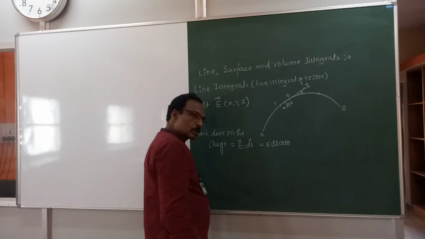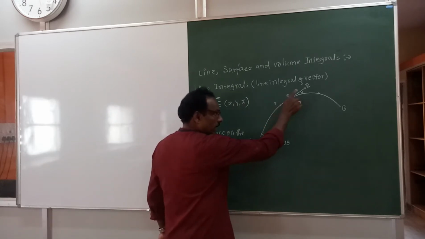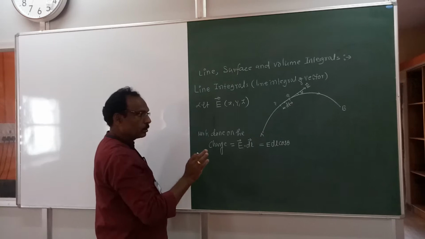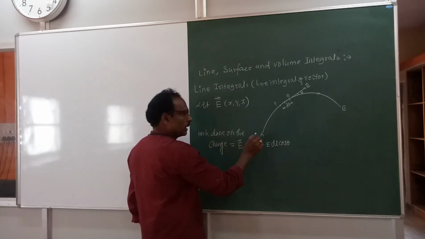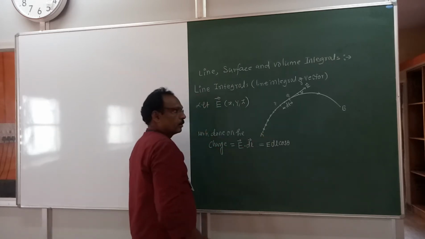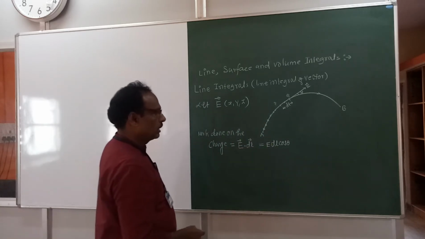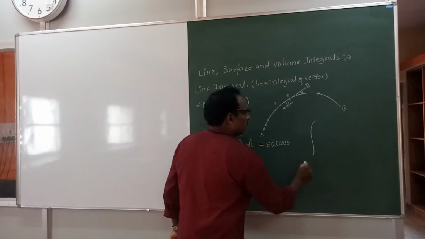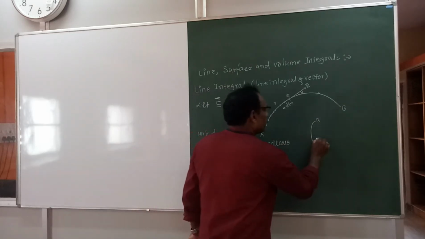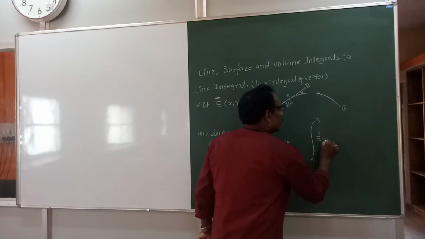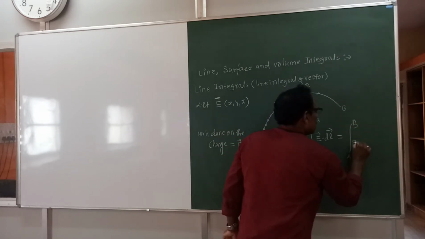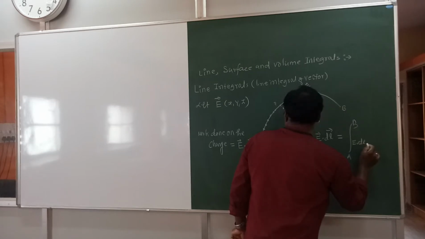So my point is, if this electric field vector E is varying in both magnitude and direction from point to point, then we can represent this as an integral from point A to point B of E dot dl, that is, the integral from A to B of E dot dl, or E dl cos theta.